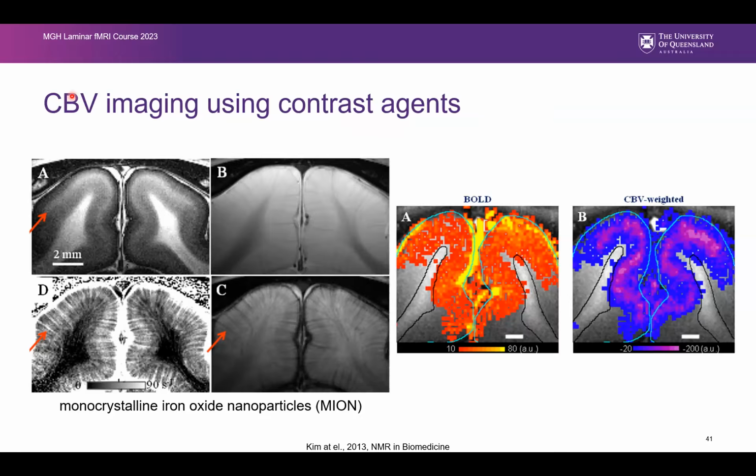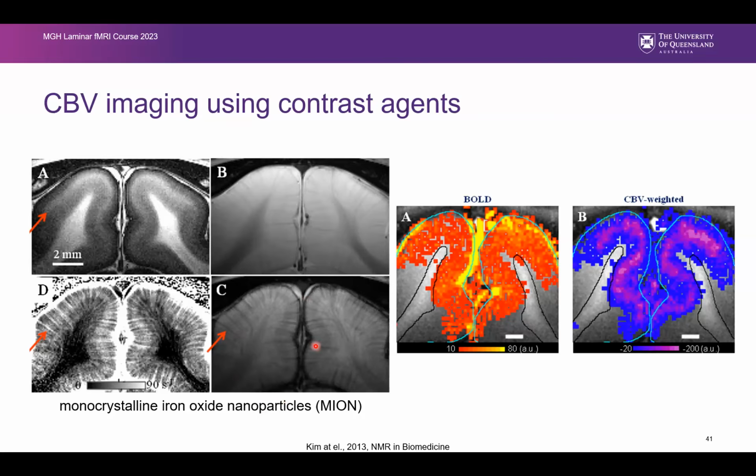It's, I would say, as much used as BOLD or even more, because it has a couple of nice features. So you see a FLASH image on the left for reference, and then you see a T2 star weighted image before injection of MION, which are iron oxide nanoparticles, and they shorten your T2 star really, really strongly.